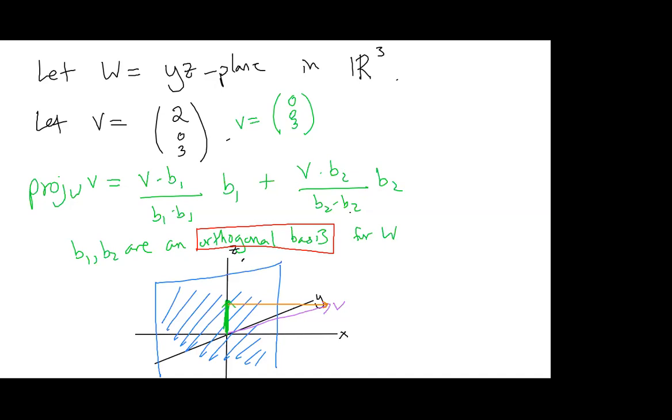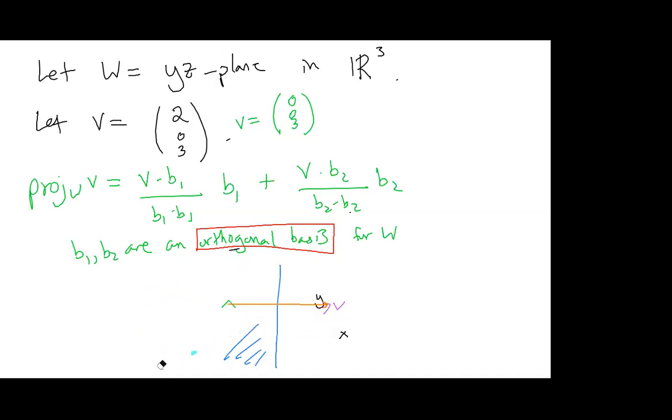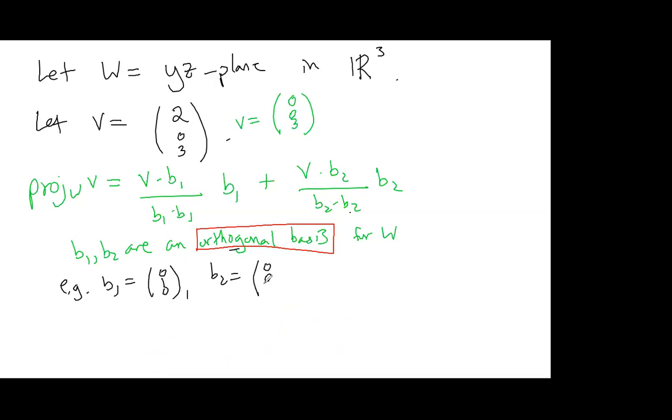So in fact, I'll do that very quickly, and then we'll do a harder example where W is not so easy. I'm going to erase this picture that I drew so well. So for example, B1 could be (0, 1, 0), and B2 could be (0, 0, 1). It doesn't matter which B1 and B2 you choose as long as they're an orthogonal basis. If I chose a different B1 and B2, I would still get the same projection.